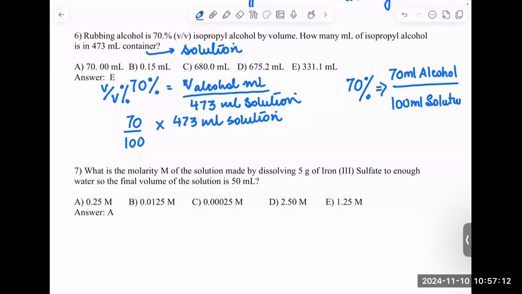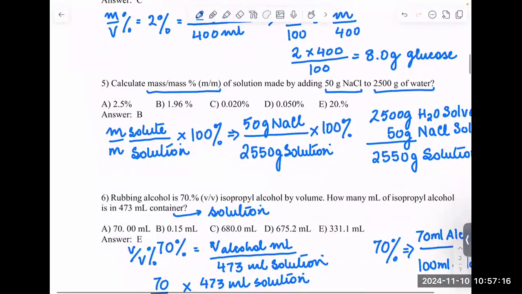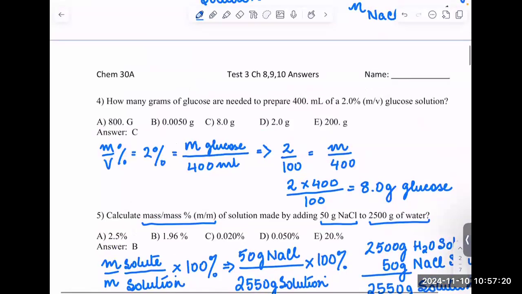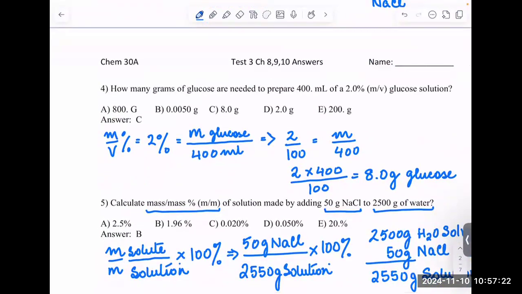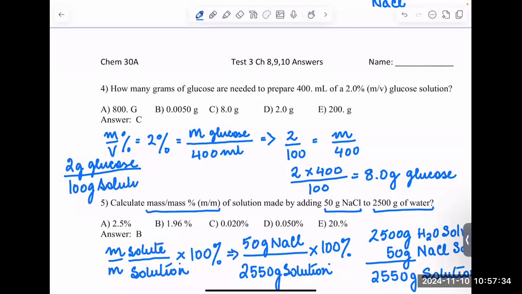In the previous case also, 2% means 2 grams of glucose is present in 100 grams of solution.